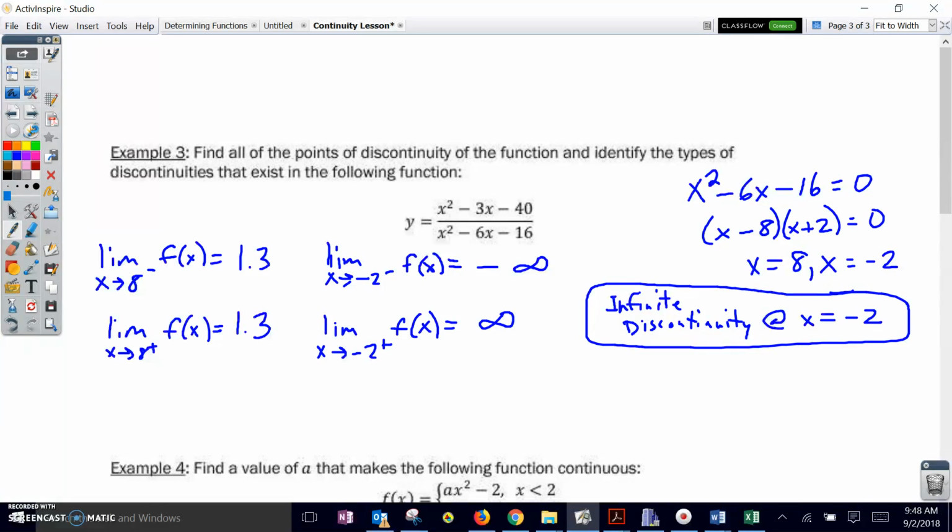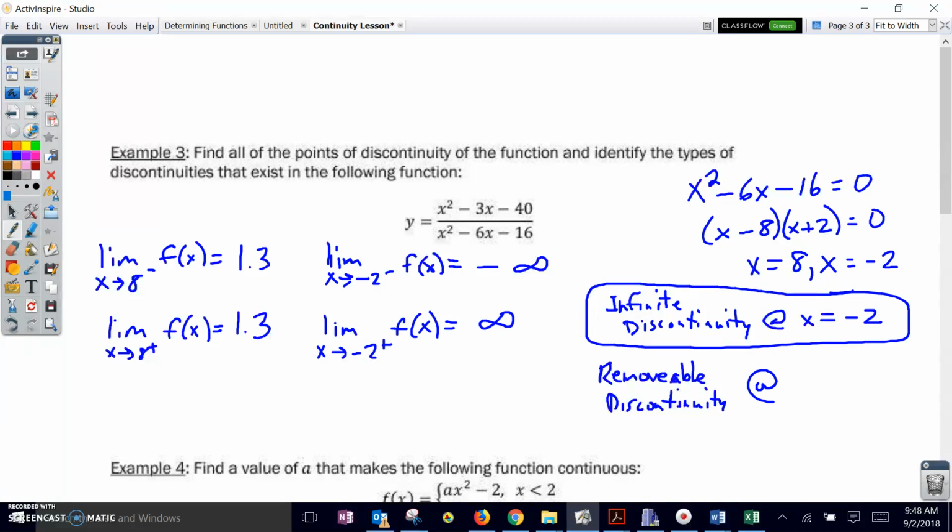And since both of the limit values approach the same finite value at 8, that is indicative of a removable discontinuity. The limit is finite and exists from both sides, and approaches the same finite value.